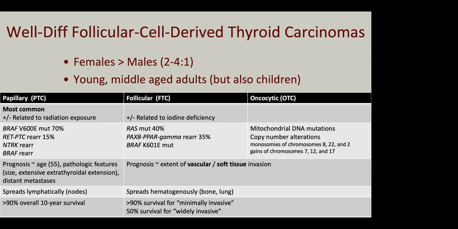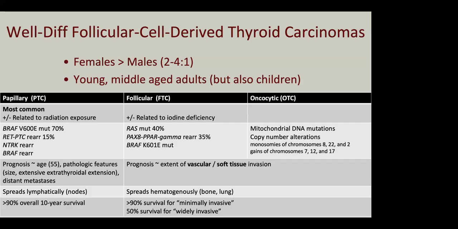Papillary infiltrative related to BRAF V600E mutations, RET-PTC rearrangements, or NTRK or BRAF fusions; follicular thyroid carcinoma, RAS mutations, PAX8-PPAR gamma rearrangements, and other mutations, including the non-canonical BRAF, i.e. BRAF K601E; oncocytic related to mitochondrial DNA mutations, as well as copy number alterations.